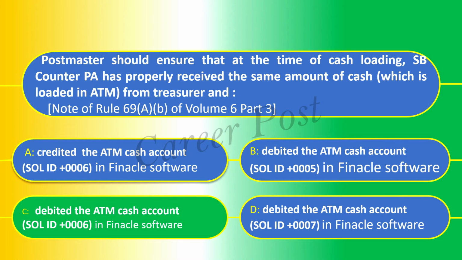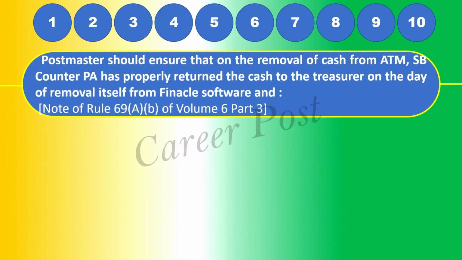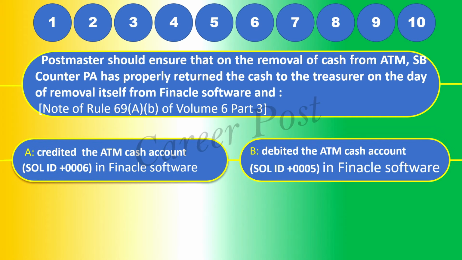It is debited the ATM cash account sole ID plus 0006 in Finacle software. Next question. Postmaster should ensure that on removal of cash from ATM, SB counter PA has properly returned the cash to the treasurer on the day of removal and A. credited the ATM cash account sole ID 006 in Finacle software.